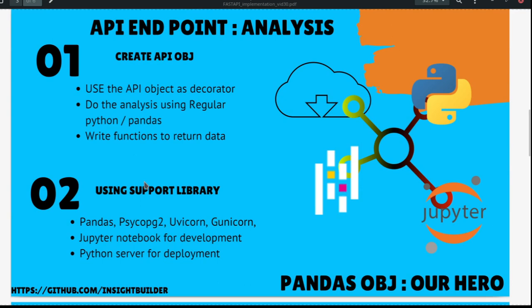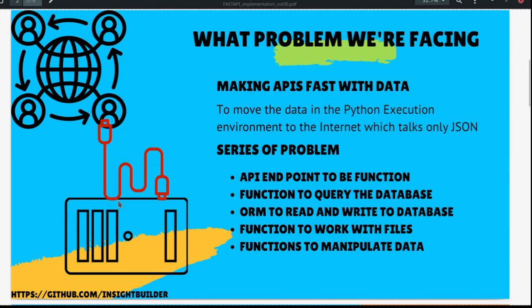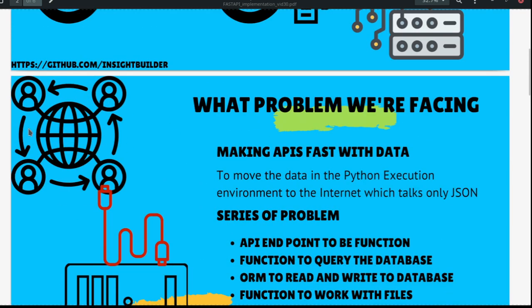For that, we are going to use Pandas. You might be surprised. Okay, where did Pandas suddenly come into the picture? There should be SQLAlchemy or some kind of ORM and all those things, right? Regarding SQLAlchemy, ORM, working with the database and interfacing Pandas with that backend, I have made a separate video. This particular video is about moving the data from the Python execution environment to the internet.